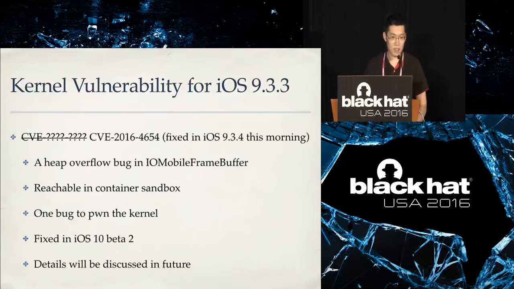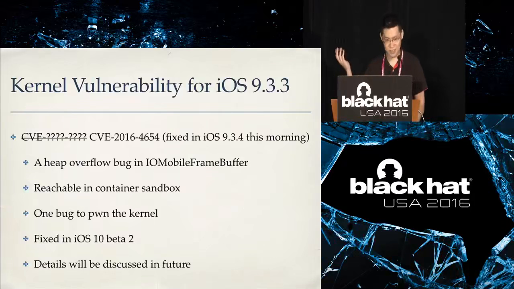Another kernel vulnerability is used in the latest jailbreak we just released about a week or 10 days ago. When I was preparing this slide, there was no CVE number. But surprisingly, this morning, Apple released iOS 9.3.4 to fix this bug.